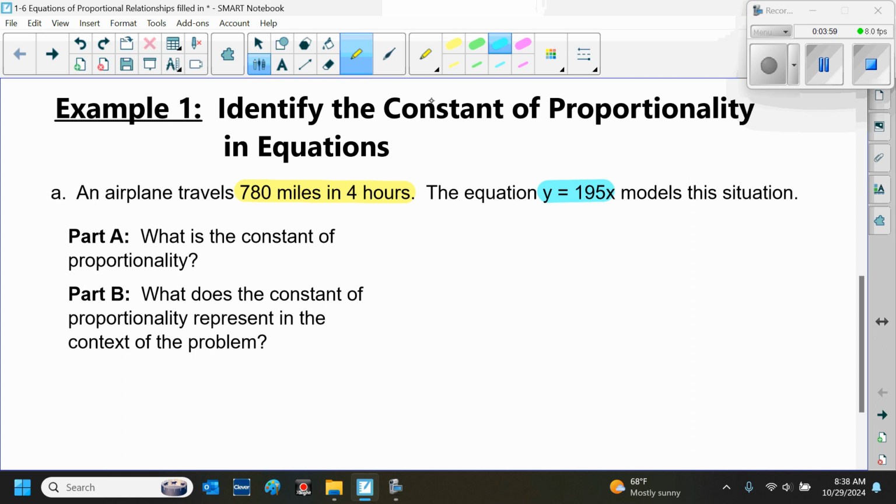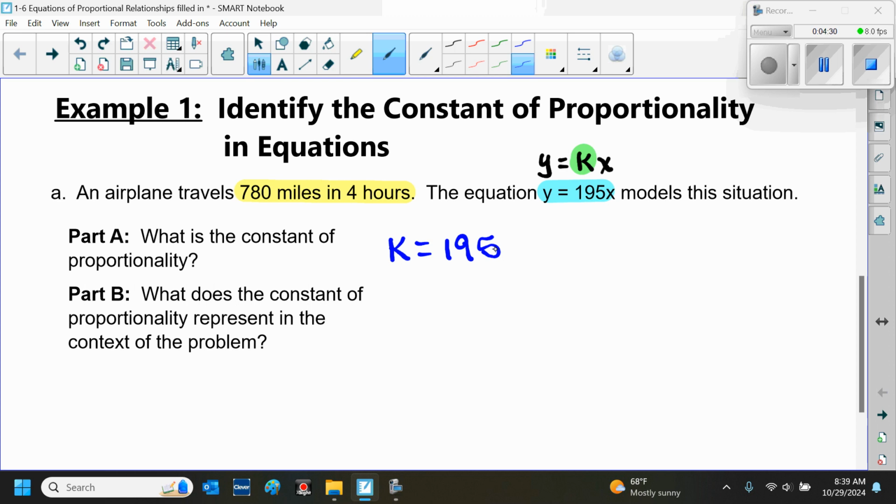Remember, it's y is equal to kx, and the k is the constant of proportionality. So here the constant of proportionality is 195. So k is equal to 195.